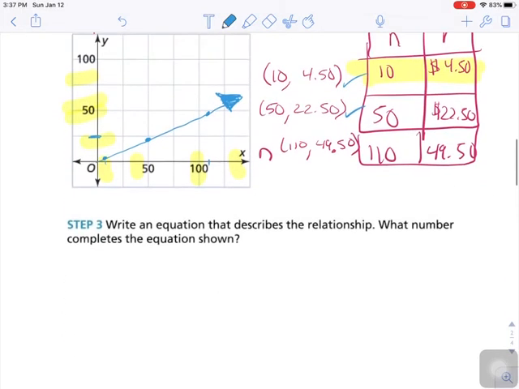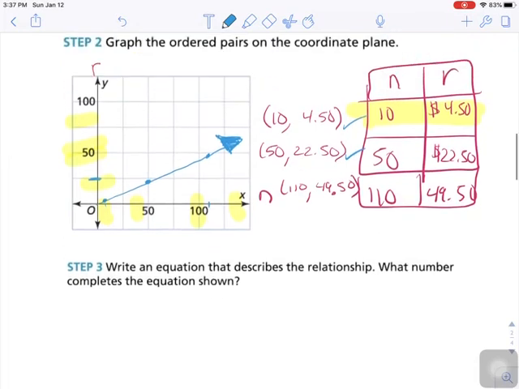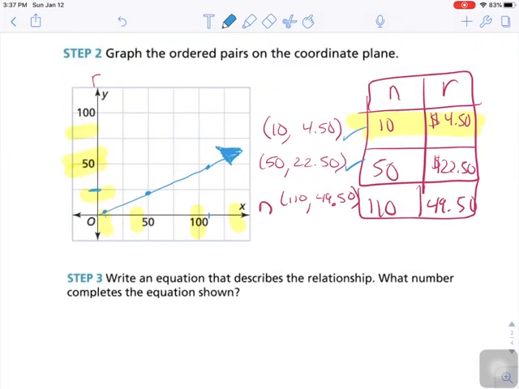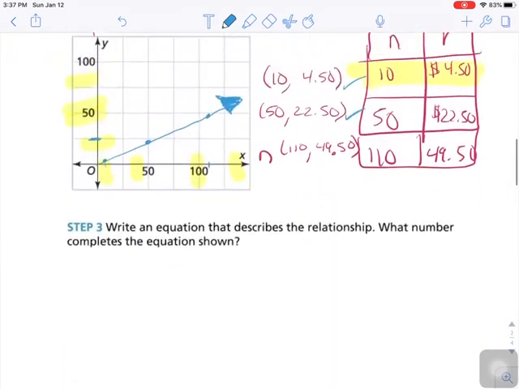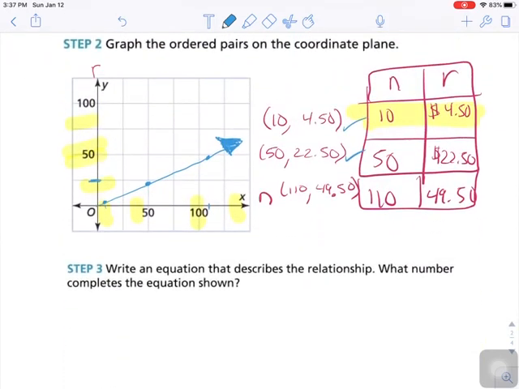Okay, so our last step here is asking us to write an equation that describes this relationship in this graph. If we think about what we wanted to get out of selling these pom-poms, we wanted to raise $50. So what we wanted to get here is we wanted to raise money. So we're going to keep our dependent variable R. This is how much money we wanted to raise.